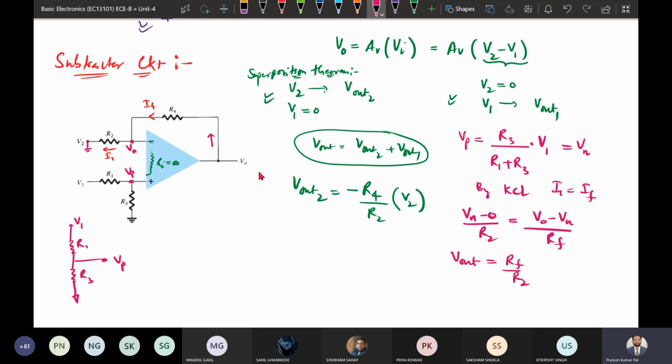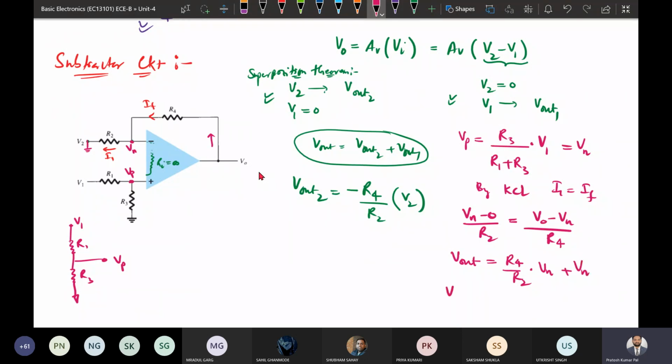So V output will be equal to RF by R2. See, RF is R4 itself, so we will be using R4. So R4 multiplied by Vn divided by R2, and V0 is plus Vn.